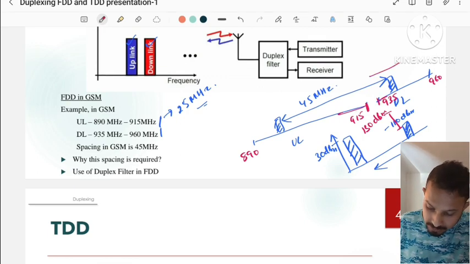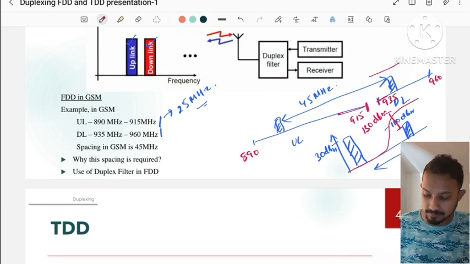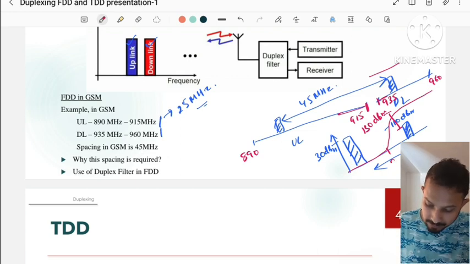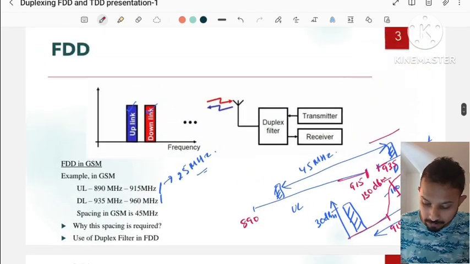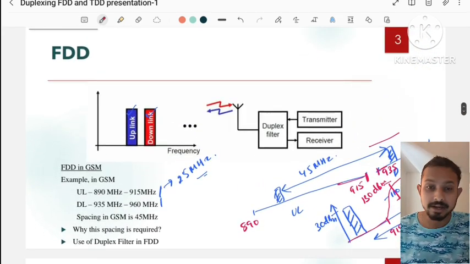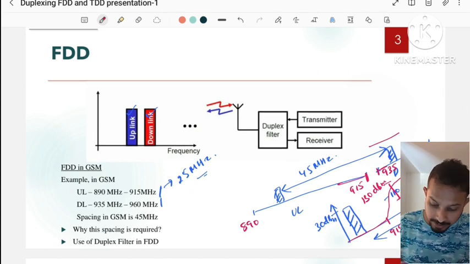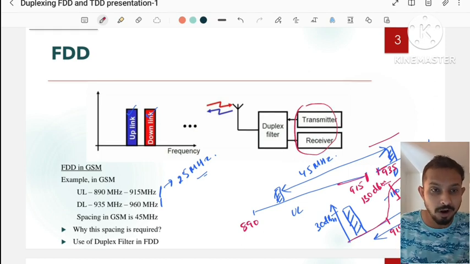So the filter is like this. This is 915 and this is 935. That means it will allow all the frequencies greater than 935. This sits right at the front of the transmitter and receiver section. We call this filter the duplex filter.